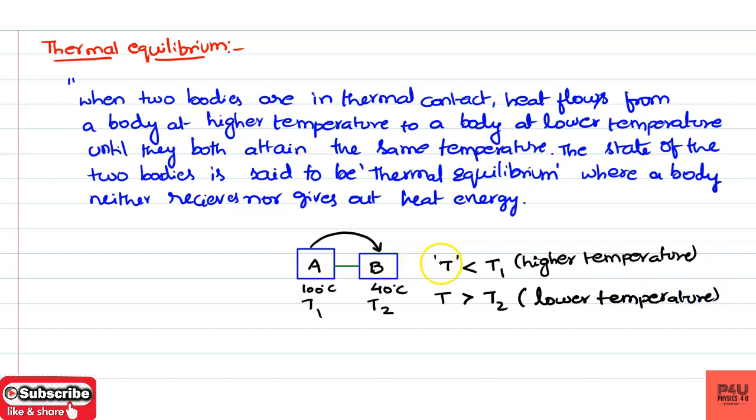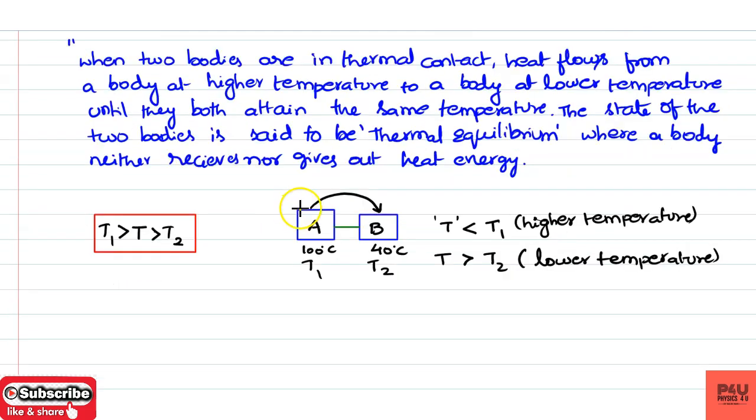That resultant temperature T lies in between T1 and T2. So T1 greater than T greater than T2. This is the effective temperature, lying between T1 and T2. So this is known as thermal equilibrium.